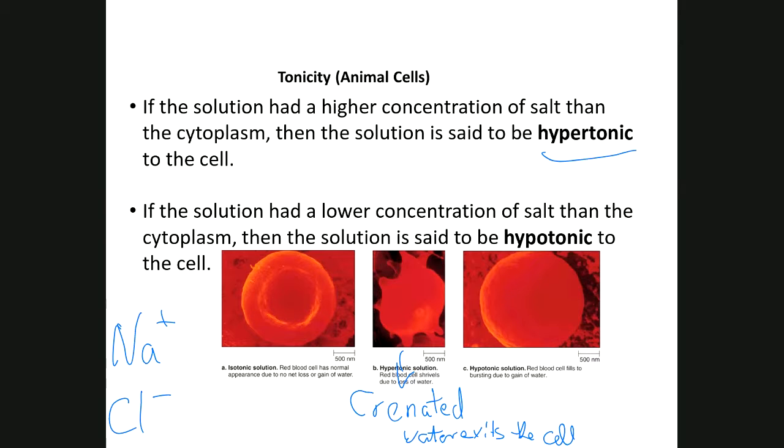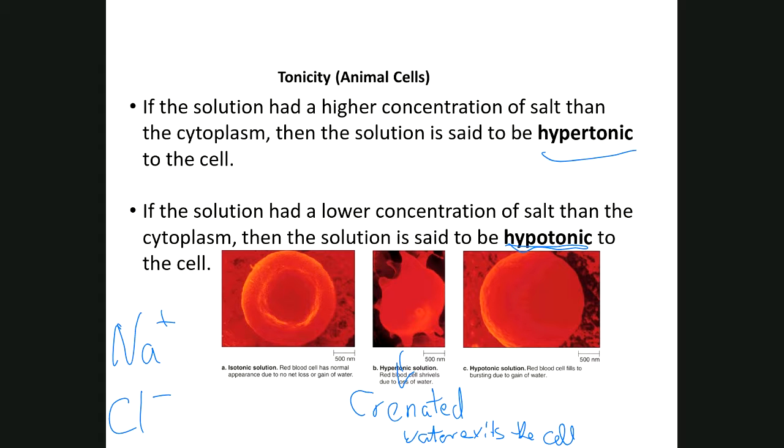However, if we expose the cell to an opposite condition where now the cell has more salt within itself than the environment that it's in, then we're calling that environment a hypotonic solution, right? We're going to put that cell in a glass jar with water that has 0 salt. It's distilled water, for example.